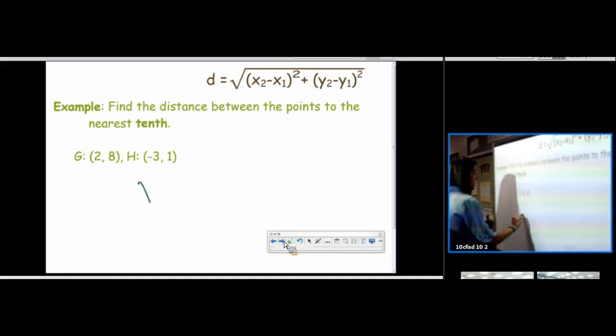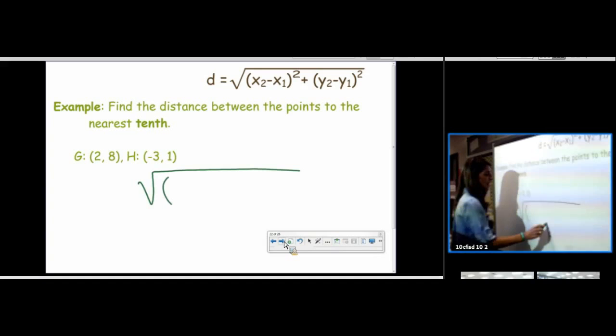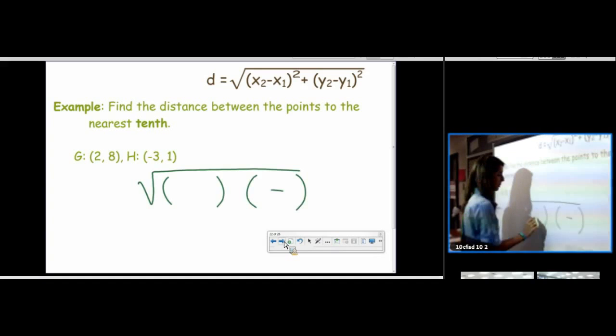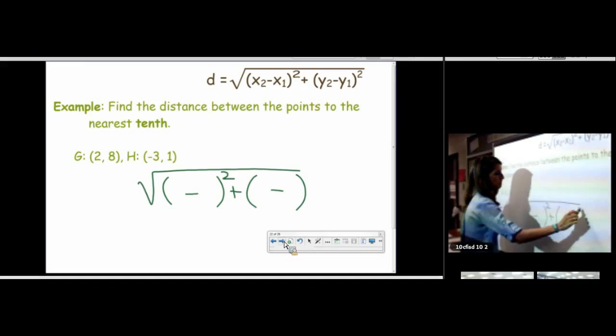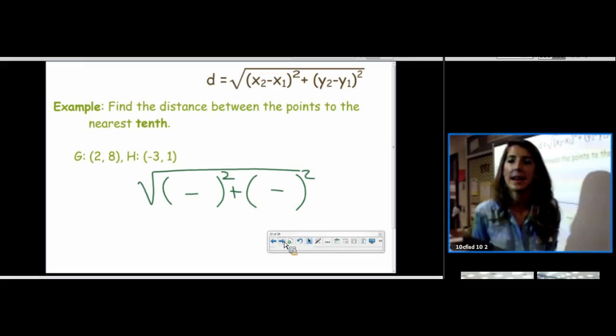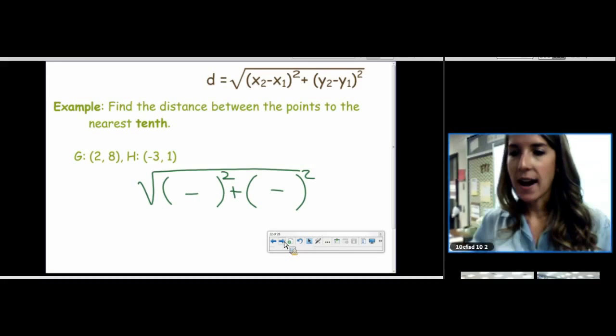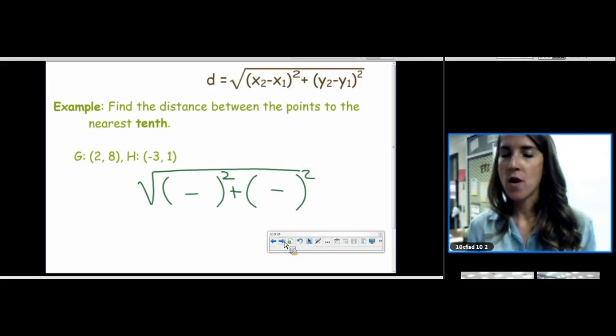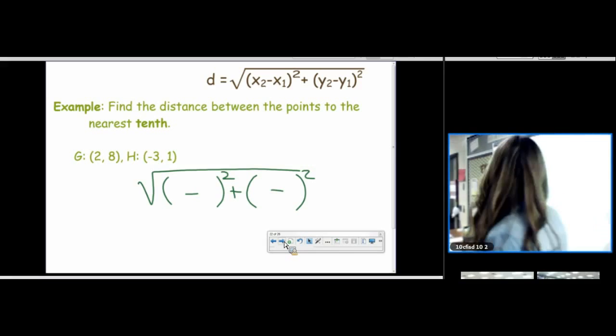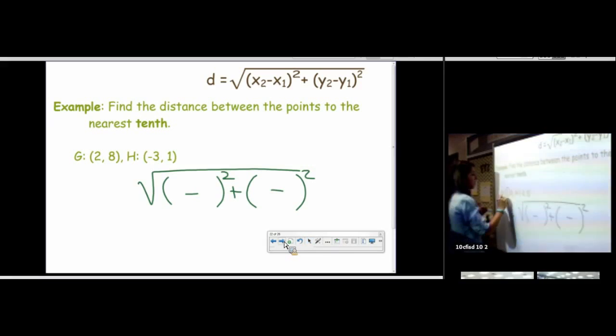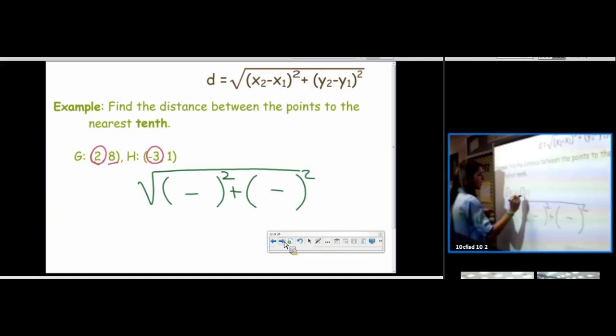What I do is I start with my template. I call it a template. That's my distance formula template. I write everything in there with no numbers. And I recommend you do this as you're getting used to it. The next thing I do is I circle my x's and underline my y's.